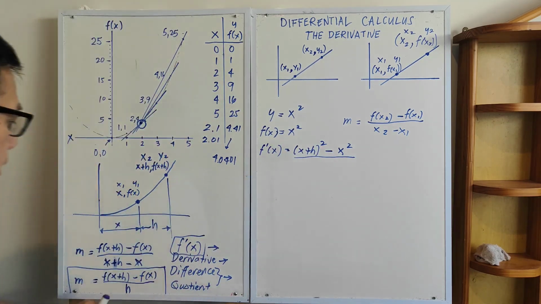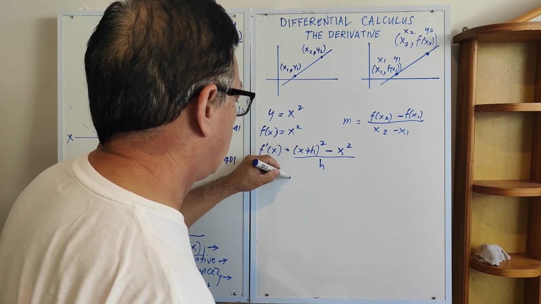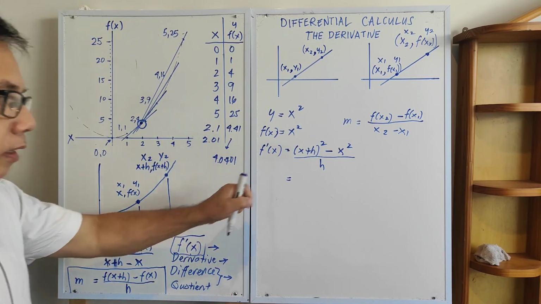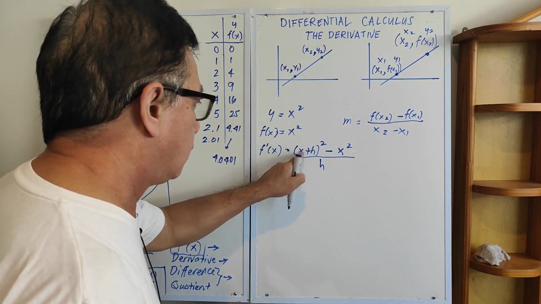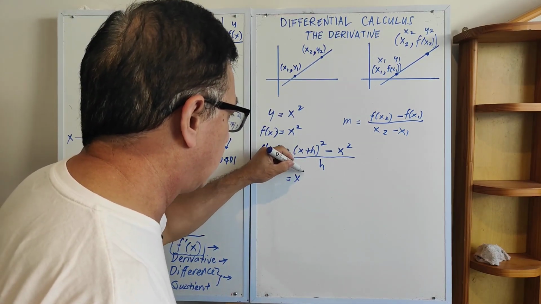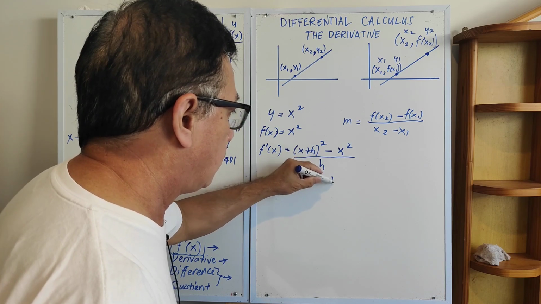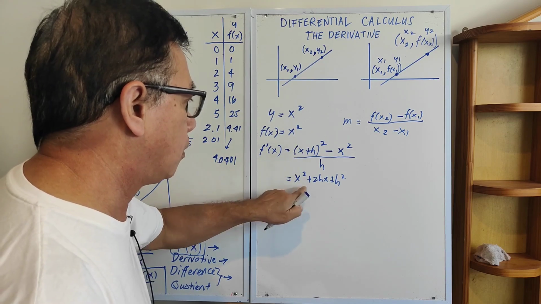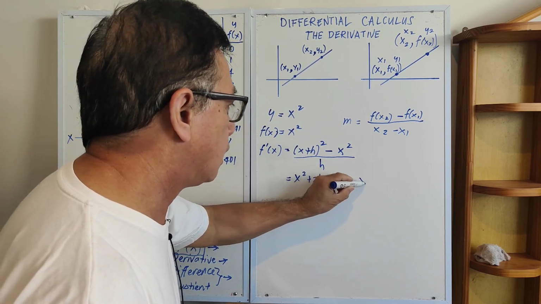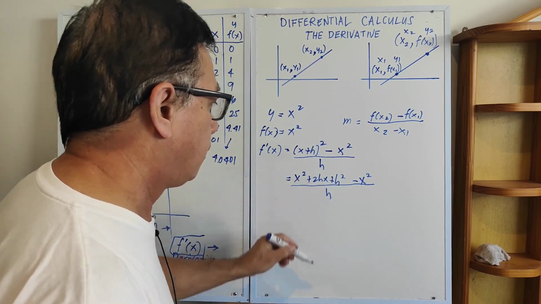minus h. Now, this is a binomial. If it is squared, the answer would be x squared plus 2hx plus h squared. That's the square of the binomial minus x squared all over h.